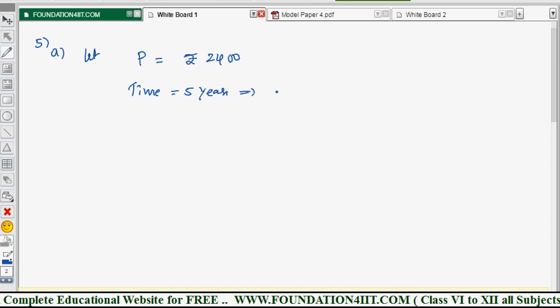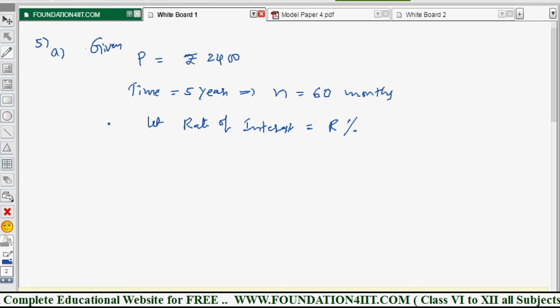So n is the number of months, 5 into 12, so 60. So n is equal to 60 months. Then the rate of interest is R%. These are the given data. Therefore, let the rate of interest be R.